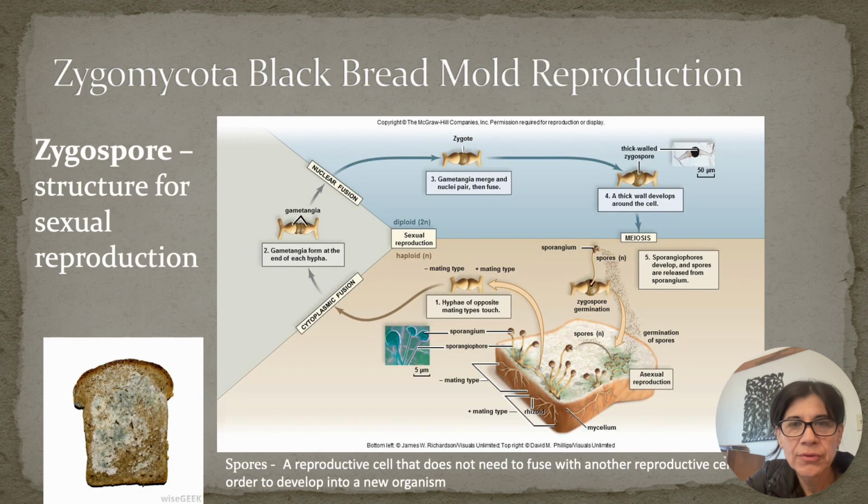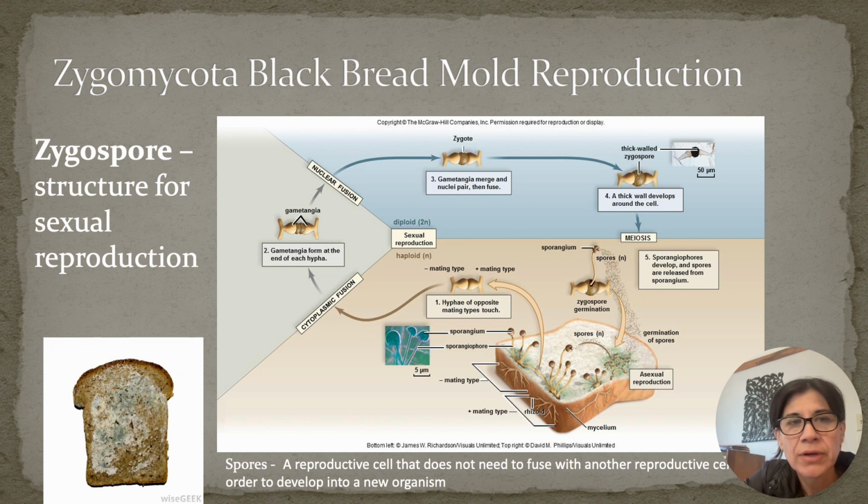Now, we're not going to go through the life cycle of each of these groups, but I do want to highlight some characteristics about fungi's life cycle that have allowed them to evolve and adapt and be a successful group of organisms. So I'm going to show you a representation of a life cycle of the Zygomycota.